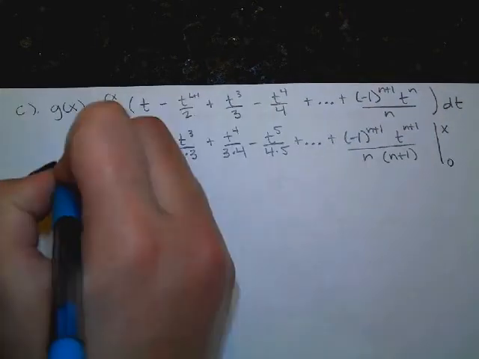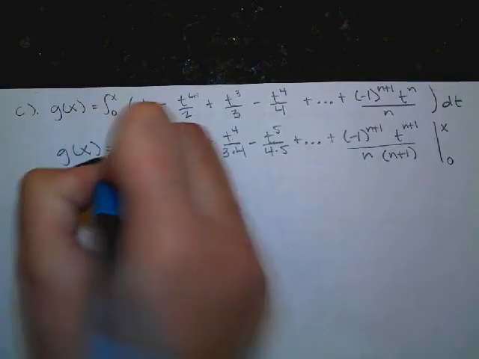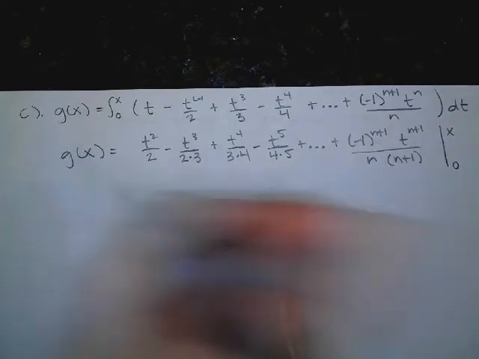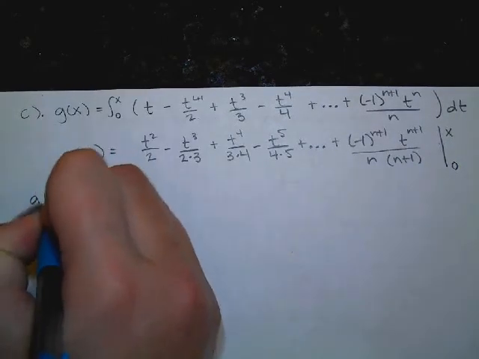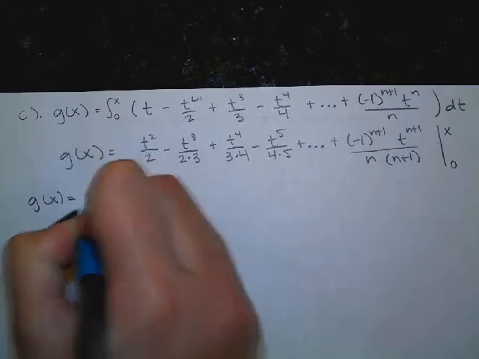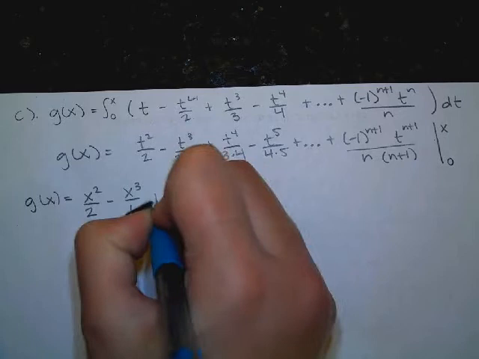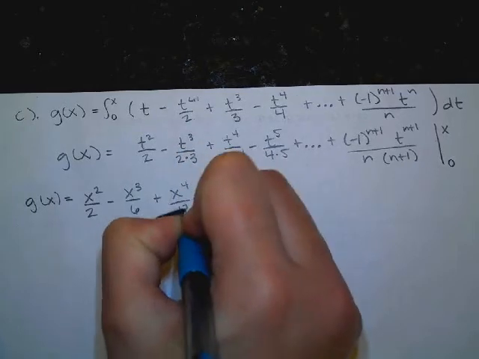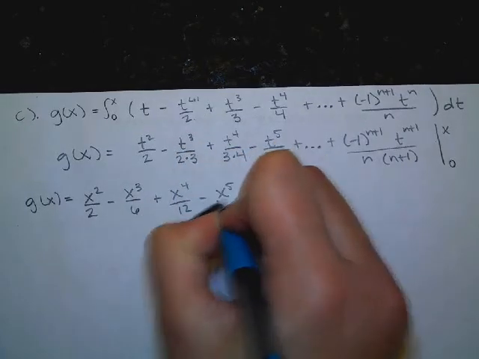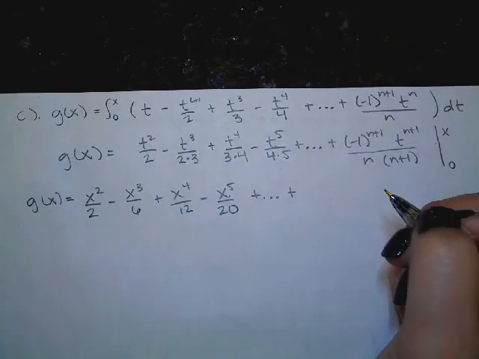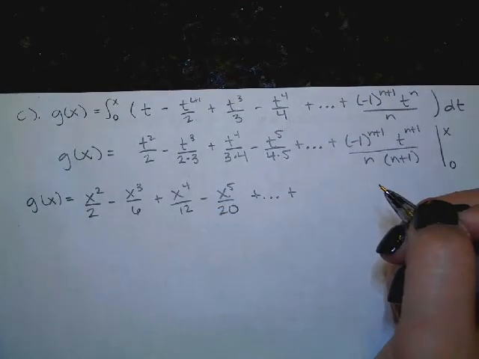Right, so this is my g of x right here. When I evaluate at x, I literally just plug x in, so that's very easy to do. X to the second over 2, x to the third over 6, x to the fourth over 12, x to the fifth over 20. You could have left those as 2, 2 times 3, 3 times 4, 4 times 5.